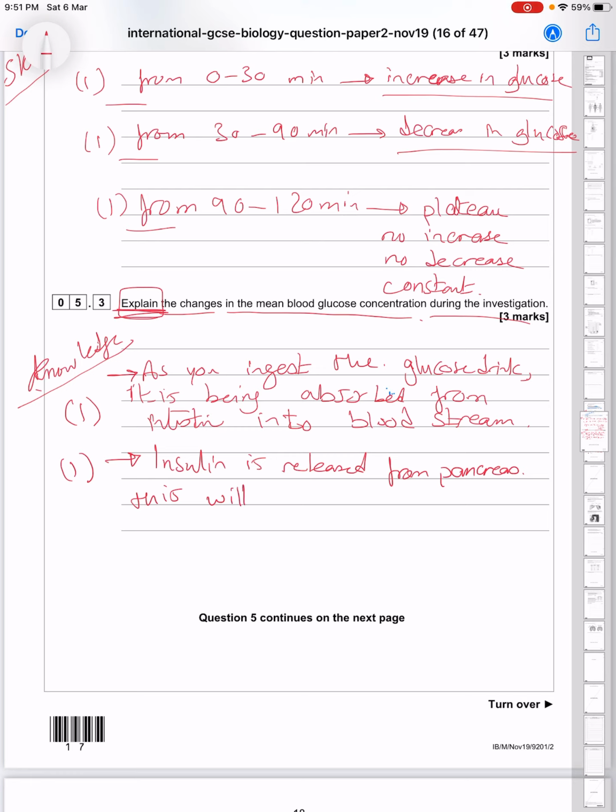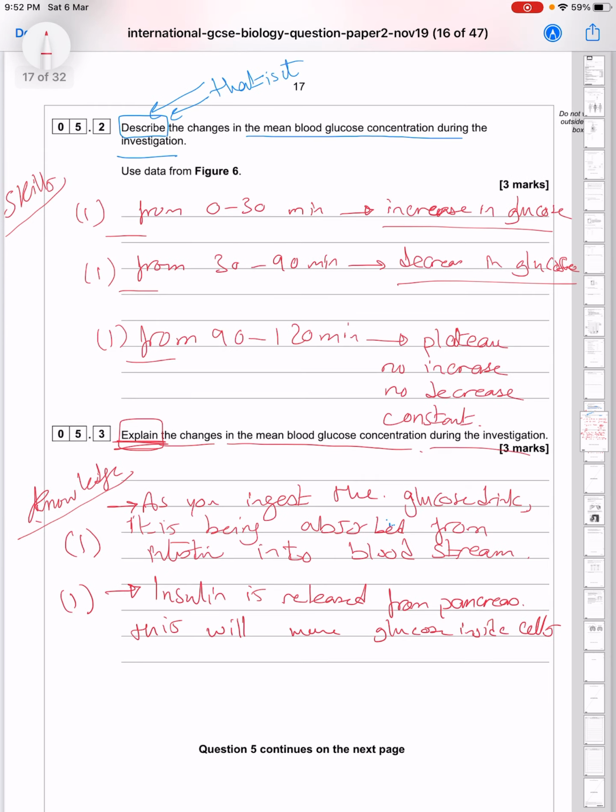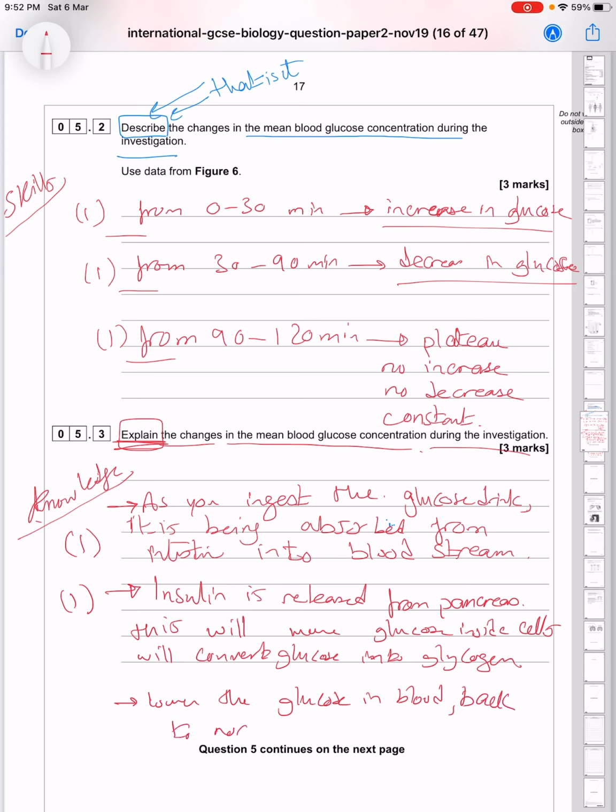So this will move glucose inside the cells, or you can also say that it will convert glucose into glycogen. In both cases, this will lower the glucose in blood back to normal level. I hope that was clear, explaining the insulin role.